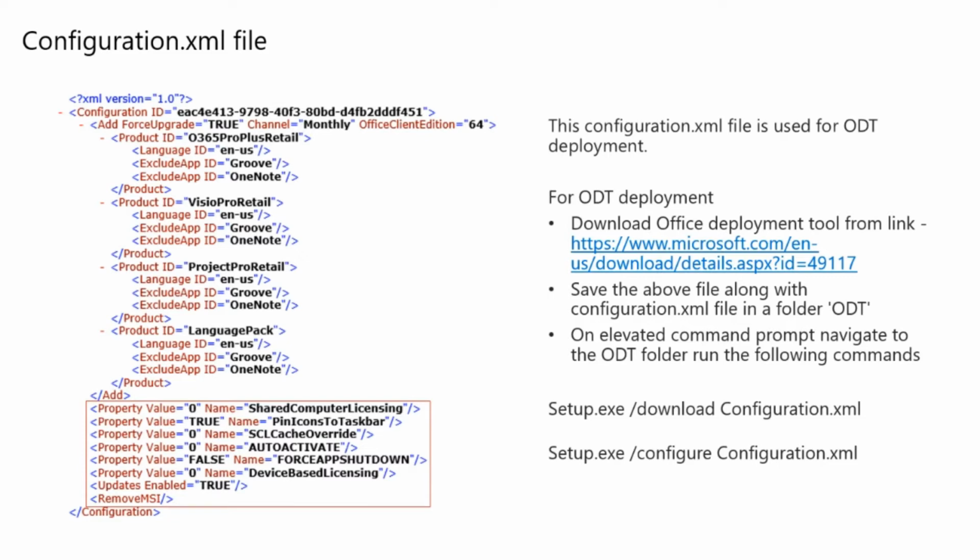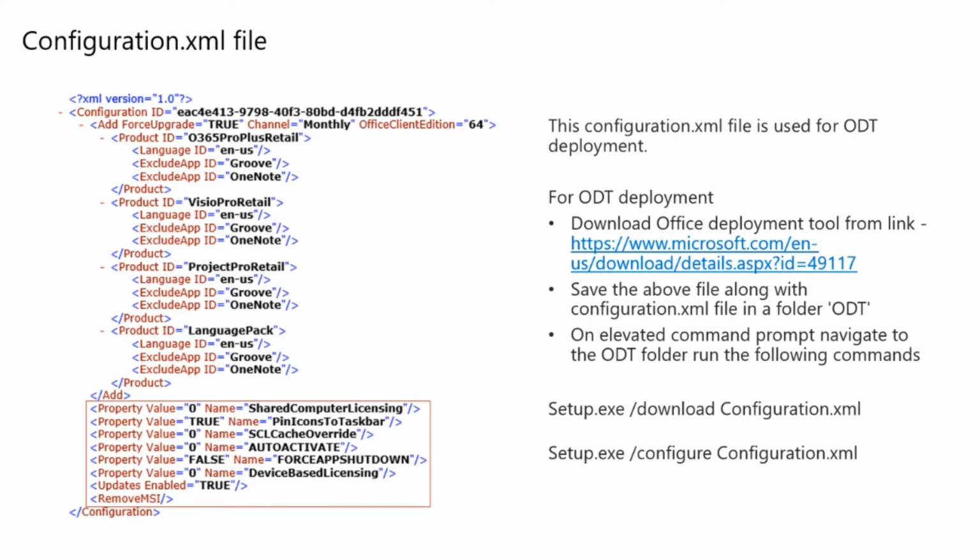Like the highlighted box, you can see the shared computer licensing. This is one of the settings, or the property, that tells if SCA, shared computer activation, is to be enabled. SCL cache override is also related to the same.